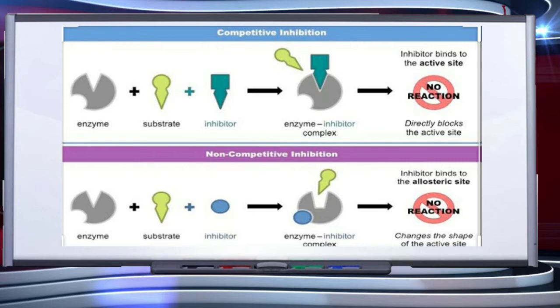When the inhibitor molecule occupies the active site of the enzyme, there is no reaction. In non-competitive inhibition, the molecule joins the enzyme at another site. It is not the active site of the enzyme molecule, but the other side of the enzyme, and it changes the shape of the active site. Again, there is no reaction as a result.